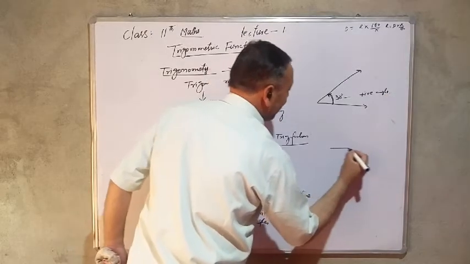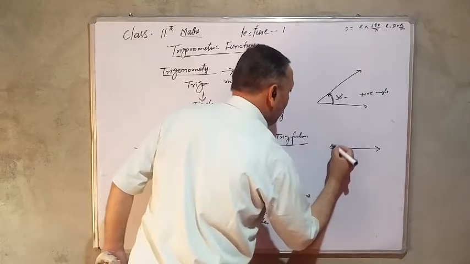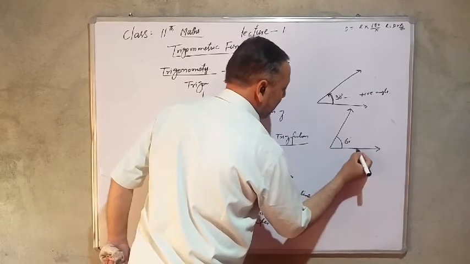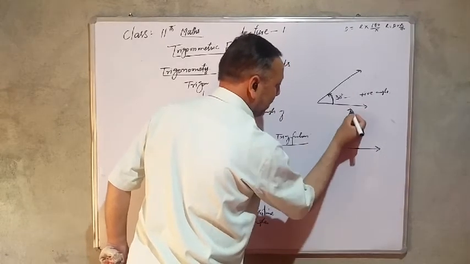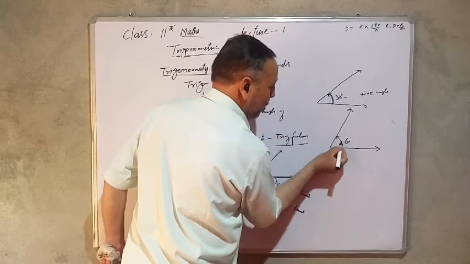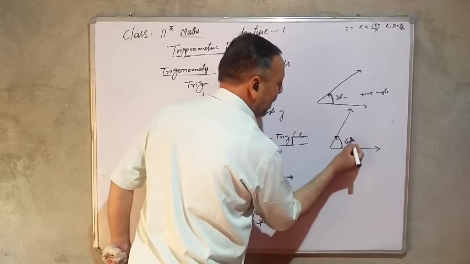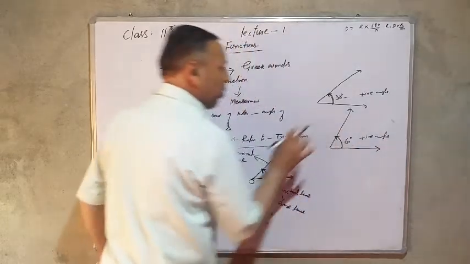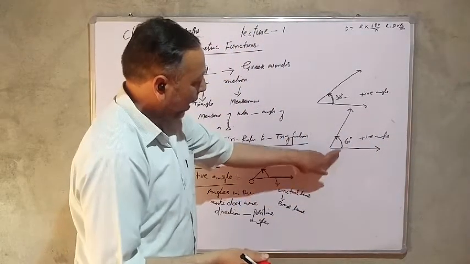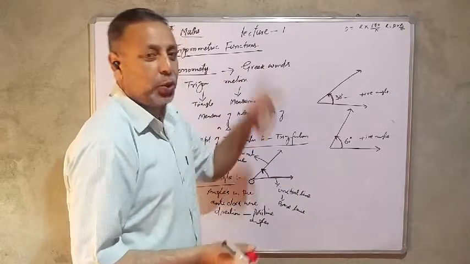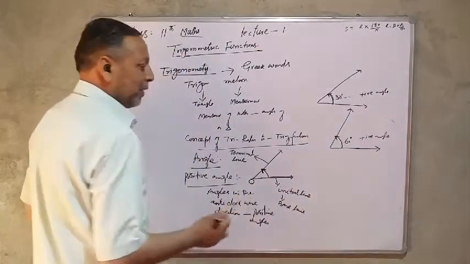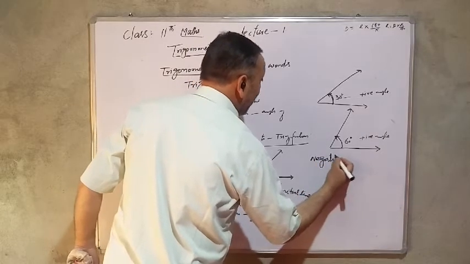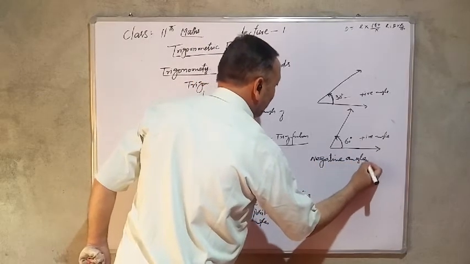If I make a 60-degree angle, this is the baseline and this is the terminal line. It starts from the baseline to the terminal line, so the 60-degree angle is a positive angle. So all those angles which are in the anti-clockwise direction are positive angles. Then what are negative angles?